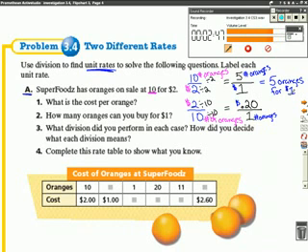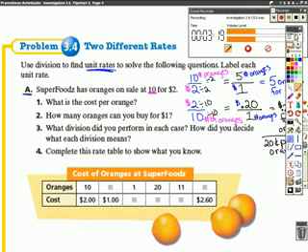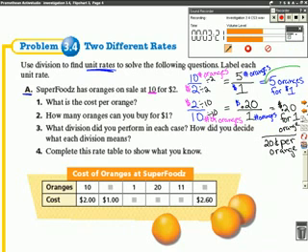And the way to write the bottom one would be $0.20 for 1 orange. And since that just seems weird to say, we'll just change it over to 20 cents per orange. All right, so now we have our two ratios. And let me just circle those so I don't lose them.